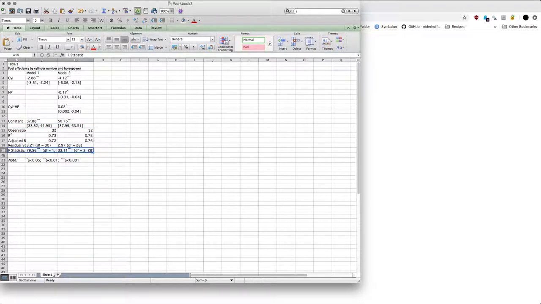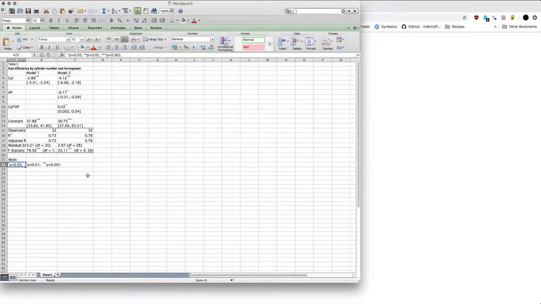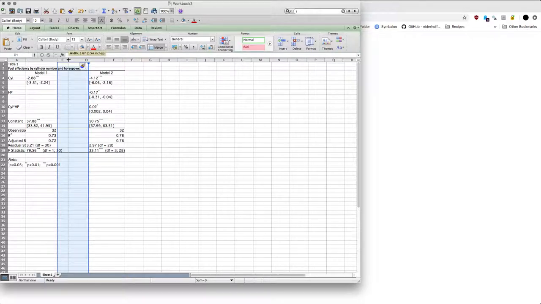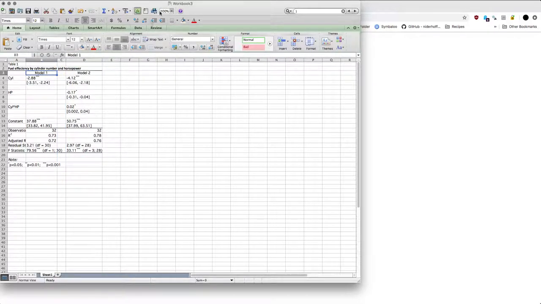That probability note will be on its own line. Up here we have a bottom border, and these will be centered. Here I'm going to insert a column between these two and pull them down, so that when I put in that bottom border, it leaves a gap between them as it should. If you didn't put a column between them, it would look like one continuous line between the two cells.